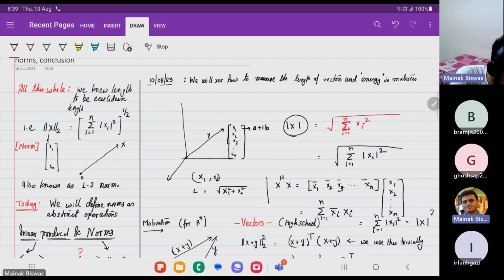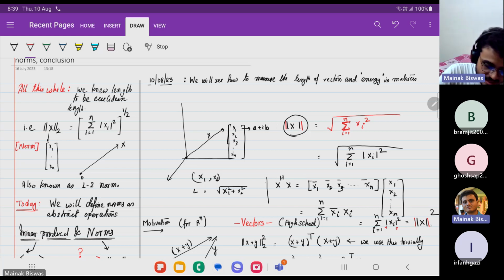Here we will not be using a single mod anymore, because a single mod can mean complex numbers. We'll use two lines, and using two lines tells me that this is the length of a vector.